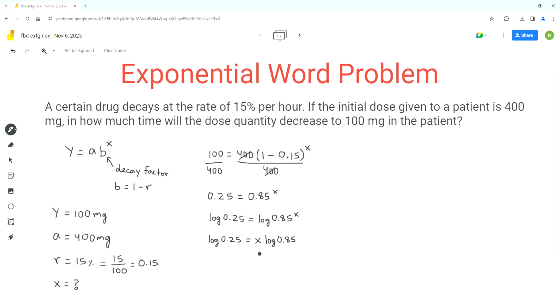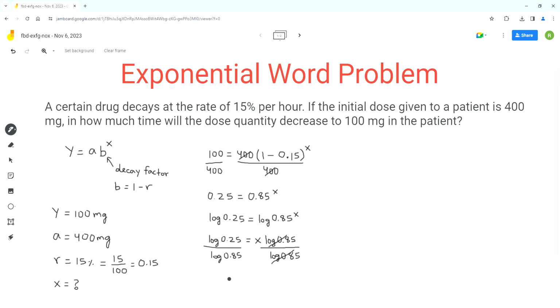Now we can isolate x by dividing both sides by log of 0.85. As a result, the log of 0.85 on the right side cancel each other out, and we are left with just x on the right side.